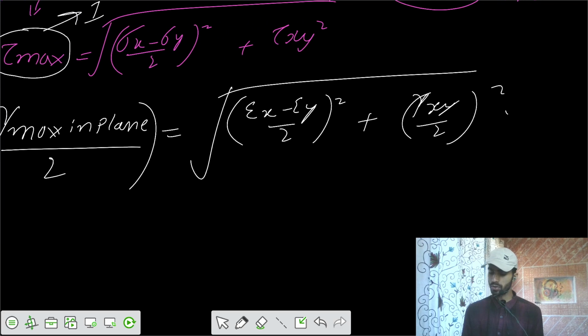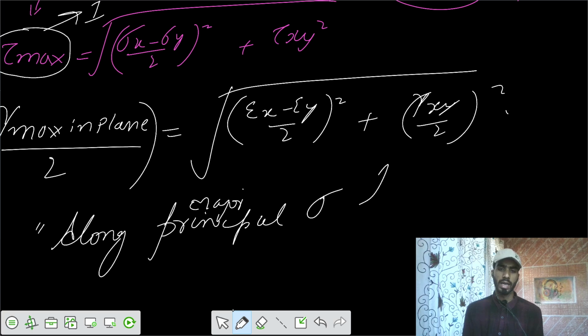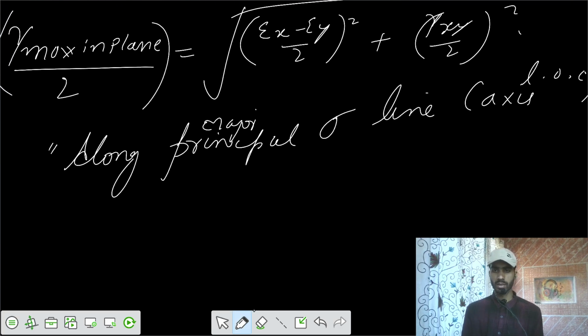Now we also have this one conclusion: along the major principal stress line, the line of action of that stress, the major principal strain axis is also there.